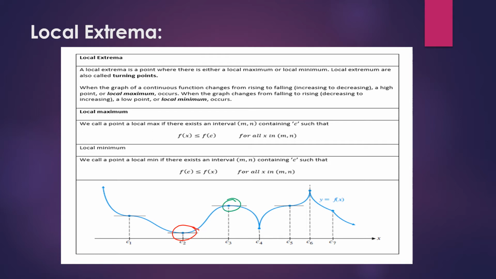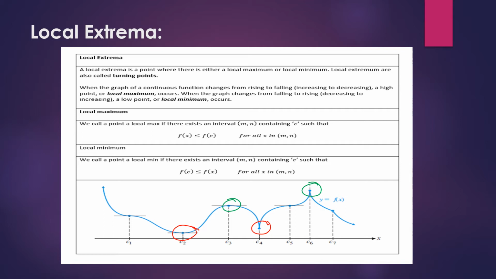It's bigger than anything from C2 to C4. C4 is going to be a minimum. And then C6 is going to be a maximum. So I circled the maxes in green and the mins in red. So notice that C1, C5, and C7 are neither maximums nor are they minimums.